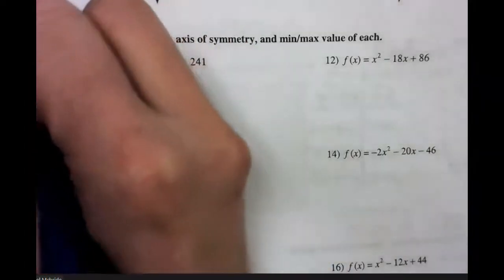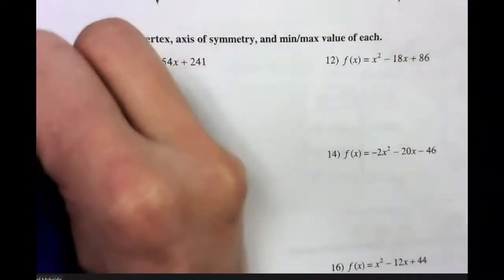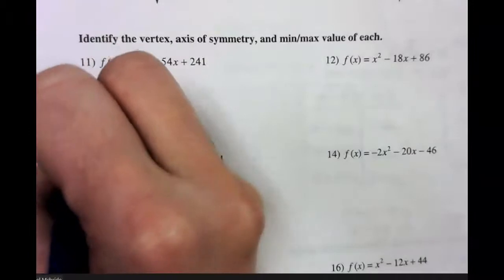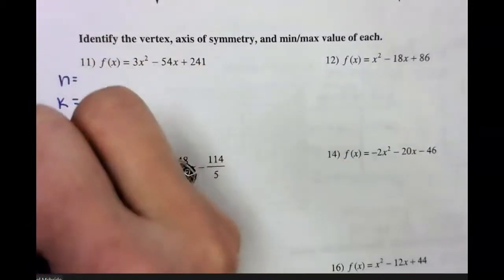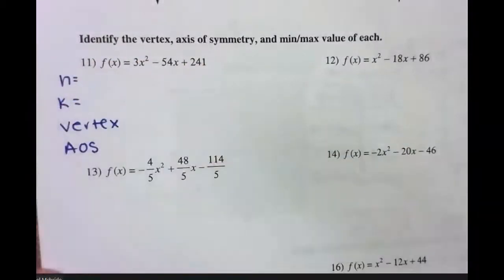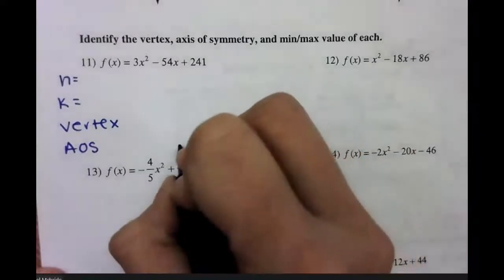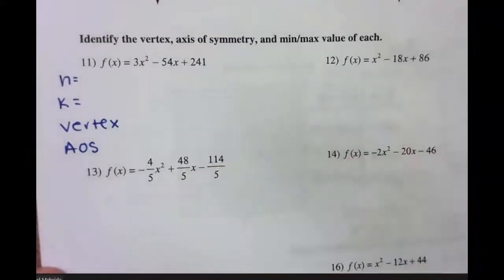So you're identifying H, K, your vertex, your AOS, and then I want you to tell me, is it a min or a max, and where is that min or max at? But the vertex, AOS, and min or max all come from H and K.